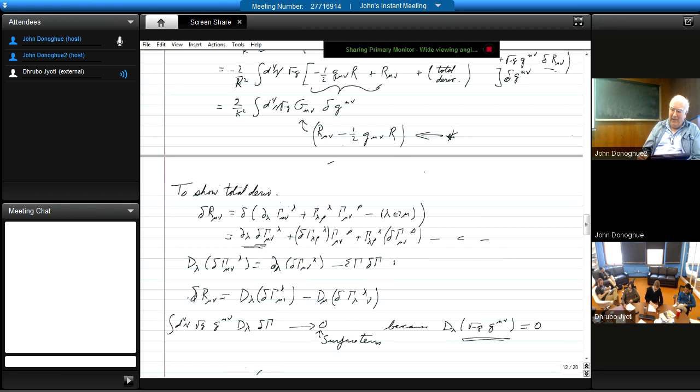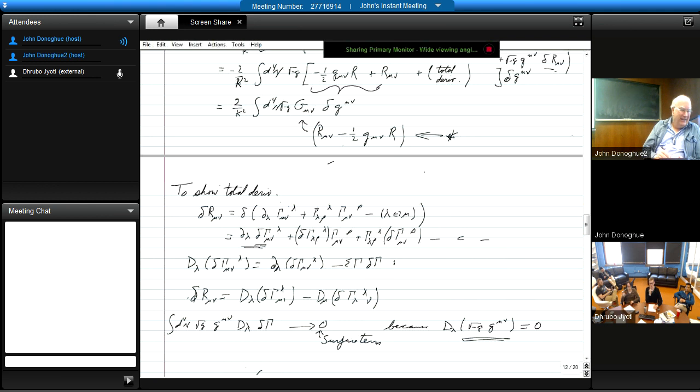Wait, okay. John, yes. Do you get a total derivative for that piece only if you assume metric compatibility? Yes. Or could you do it the other way around, like the Palatini formalism, and vary with respect to the connection, and then derive metric compatibility?